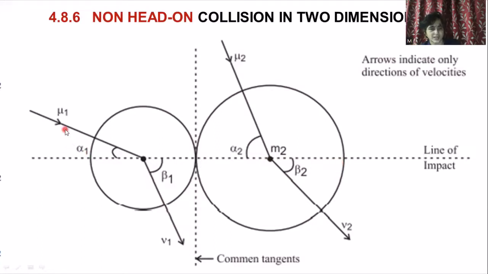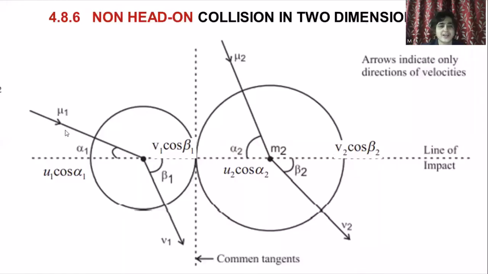So the component u1 cos alpha 1 will be along the x-axis, and the perpendicular component will be u1 sin alpha 1. u2 cos alpha 2 will be along the x-axis, u2 sin alpha 2 along the y-axis. This I shall write down, and then we'll see.